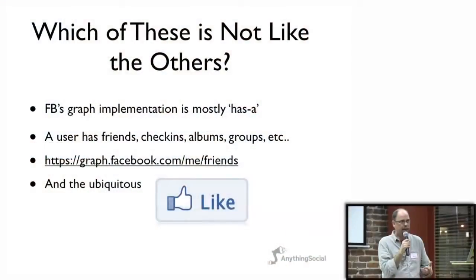So you like a page, or you like somebody's political views, or you like some comment. What the Open Graph is about is changing the way that things relate to one another and allowing you, the developer, and your users to expand the sorts of relationships and content within the Open Graph.